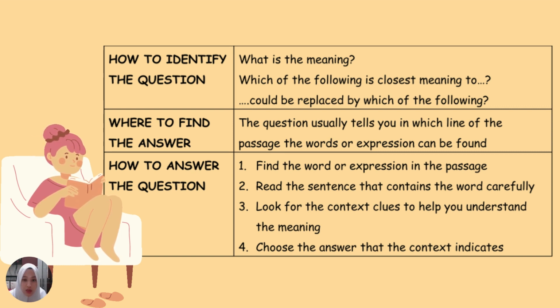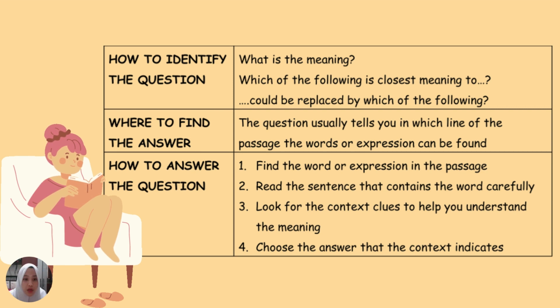In the word section, usually the question will tell the line in order to answer the question correctly. In the answer section, we look for the word in the text, then read the whole sentence, look for and see the clue, and choose the most appropriate answer.